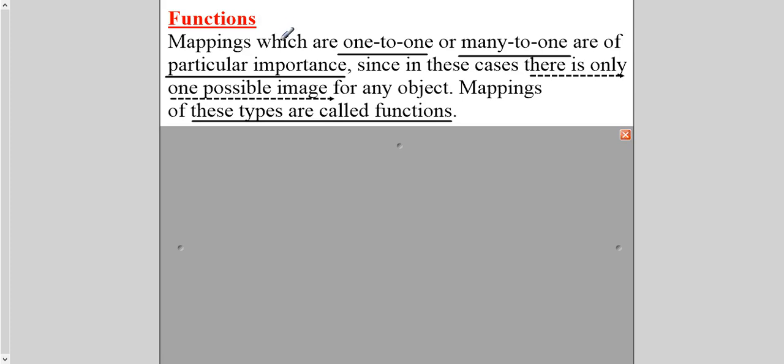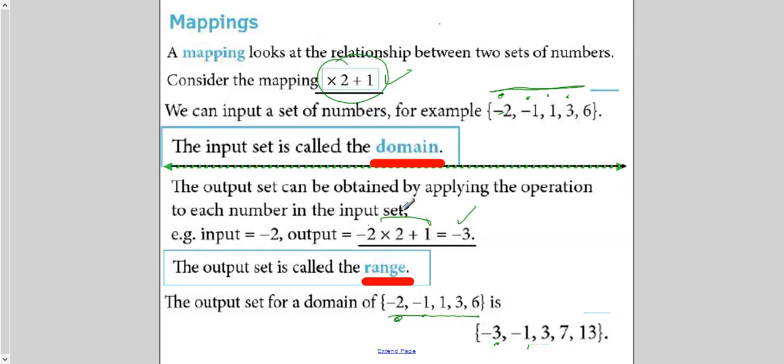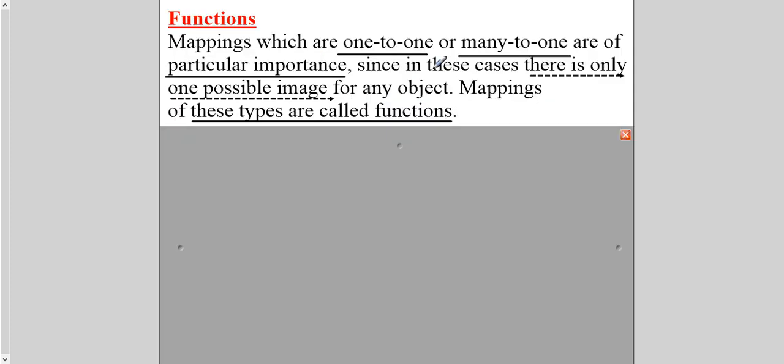Now, mappings are of different types. Sometimes they give you only one relation, sometimes two. Like for example, here I took the example, I did not define any expression for you. Now I will take an example here also. If your mapping is such that for one value of input, you get only one value of output, or if there are two different inputs which give you the same output, then those types of mappings are called function.